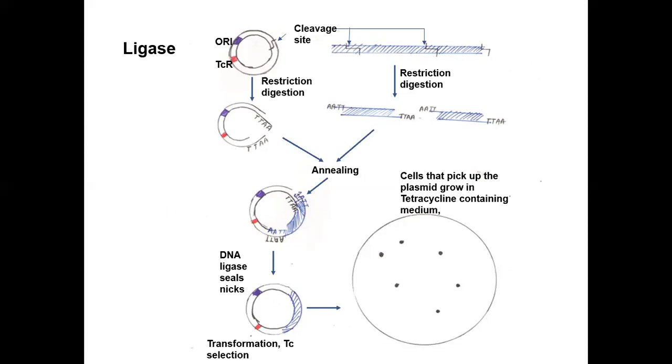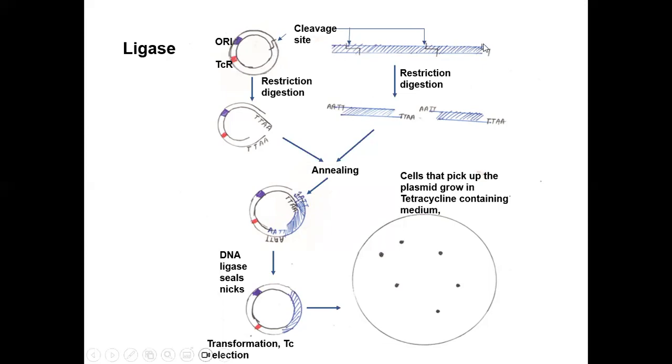In the next slide, we will discuss the enzyme DNA ligase and also the basic cloning strategy. So here we have our plasmid that has an origin of replication required for propagation of the plasmid. It has a tetracycline resistance marker for selection of the plasmid, and it has a multiple cloning site that can be used for cloning purposes.